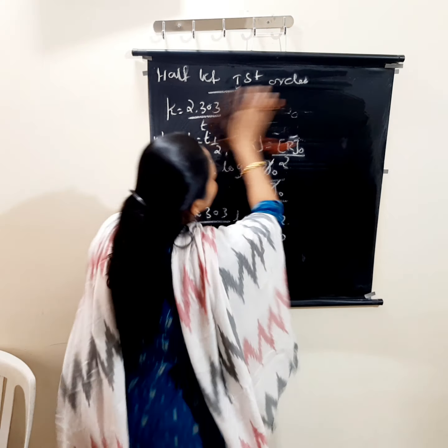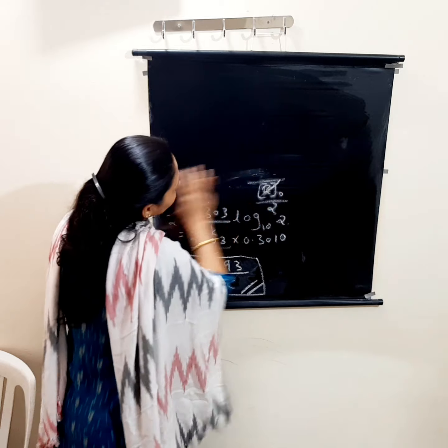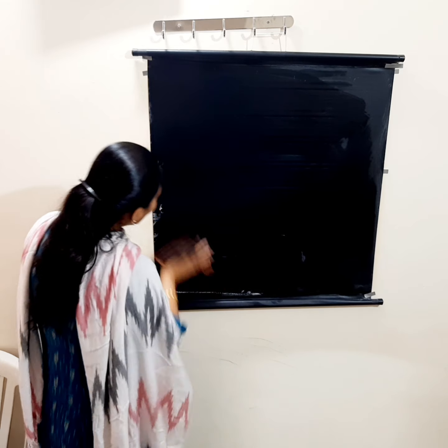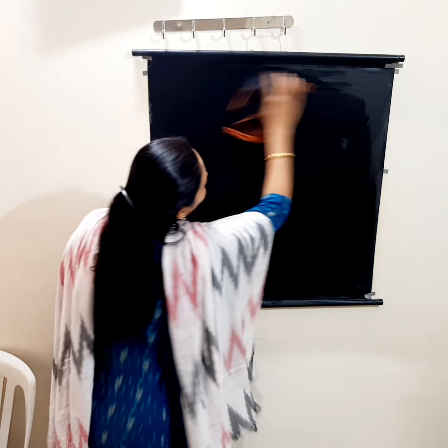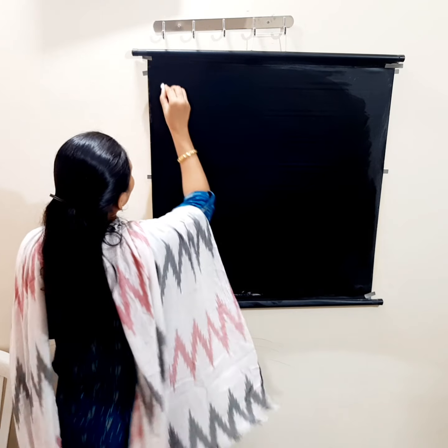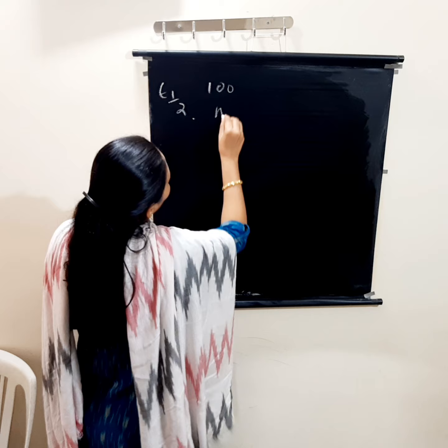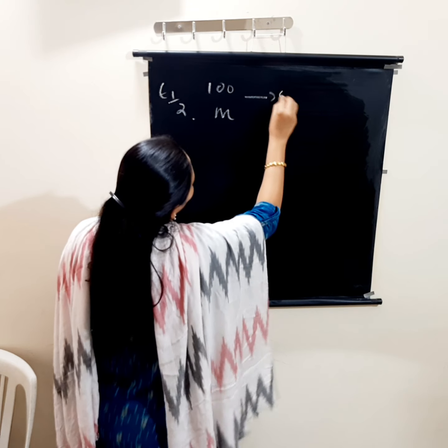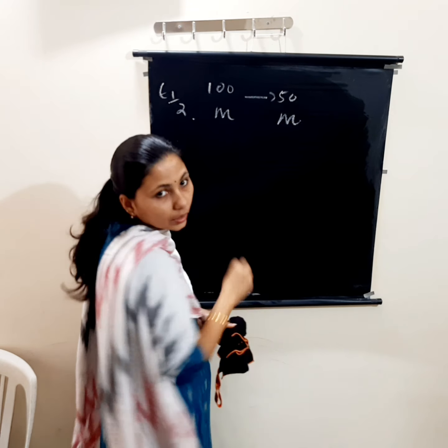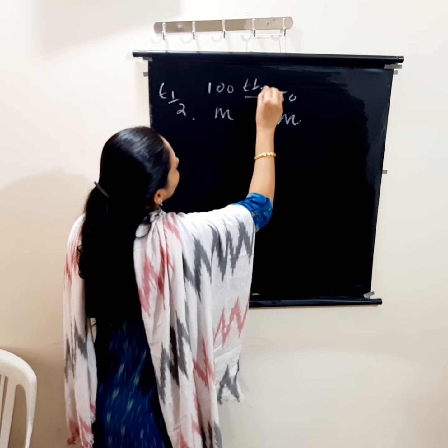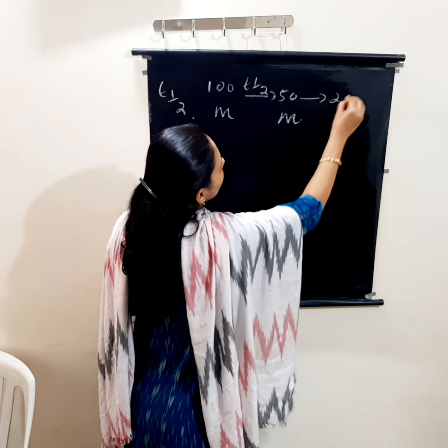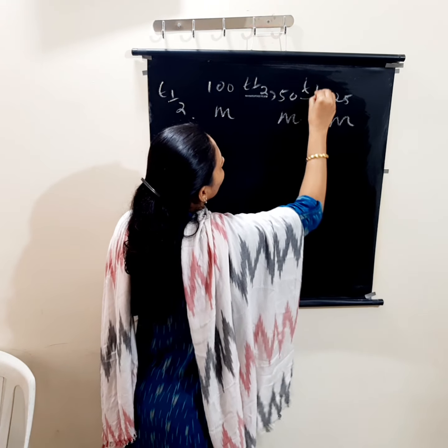For example, I will show you t half. The concentration was 100 molar and it is converted to 50 molar. Here is t half. Then 50 to 25 molar; here also t half.